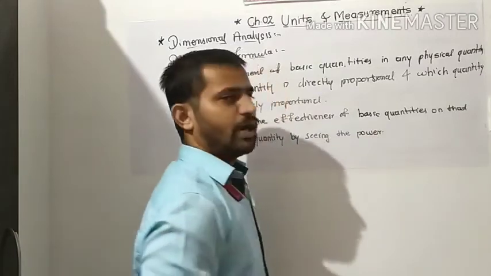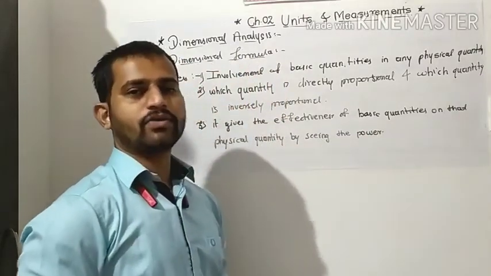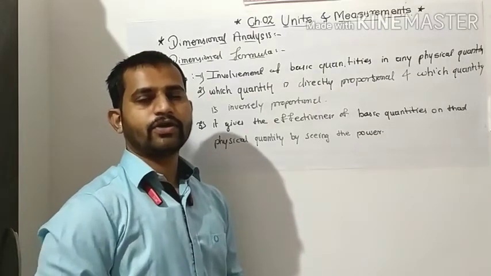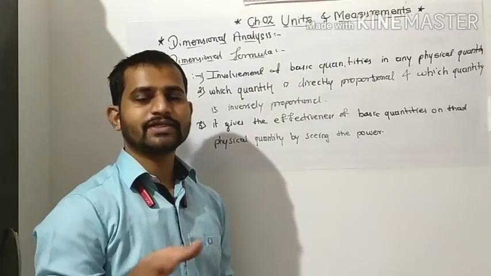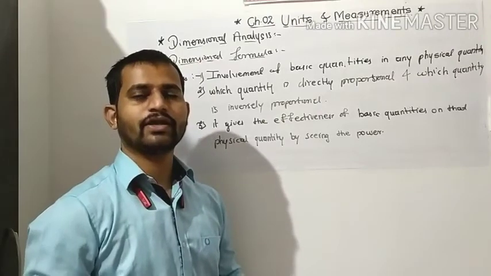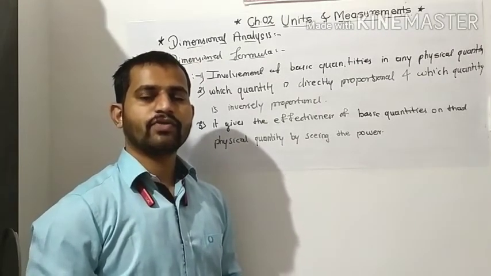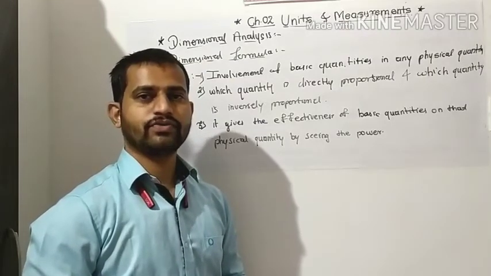By looking at the power, we can get the idea about which quantity will affect that particular physical quantity more, because if it is inversely proportional, then we get the power as negative, and if it is directly proportional, then we write the powers as positive powers.